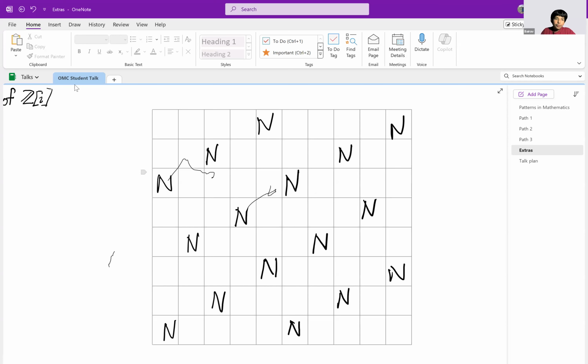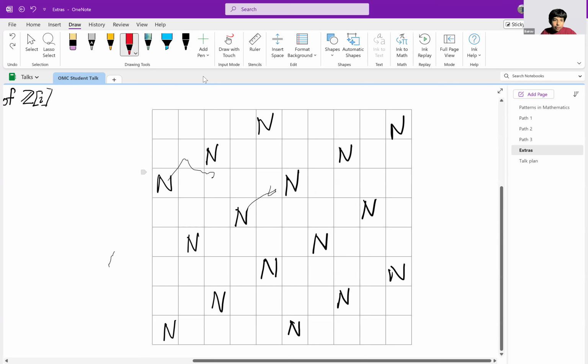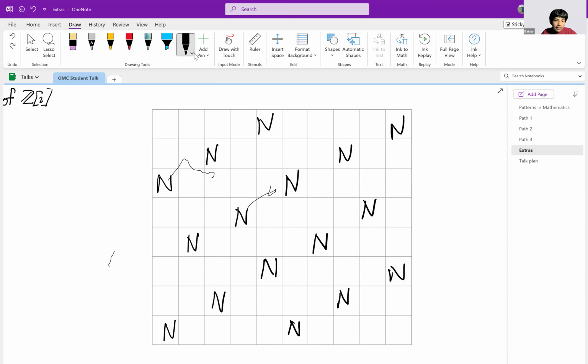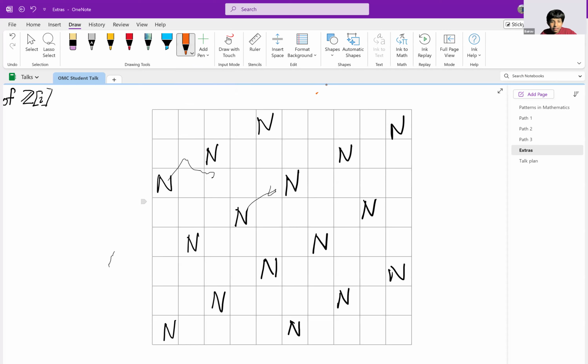So if I just get another pen color and use it to have a knight which is on a different starting square, we can see that this knight can go to all these places and such.